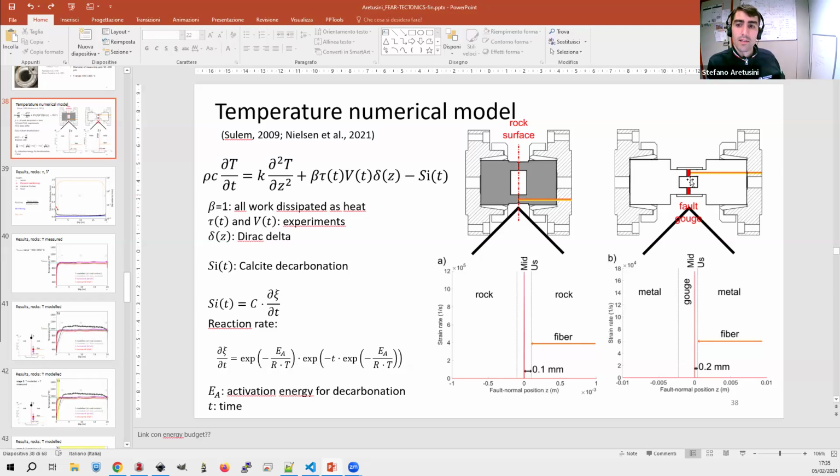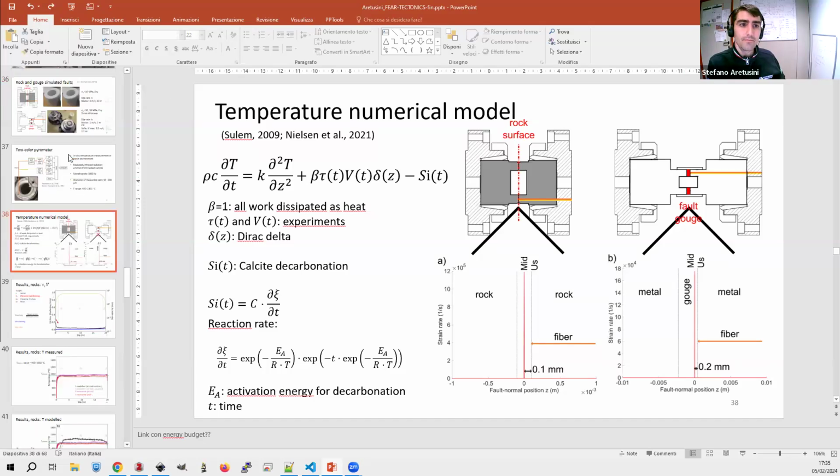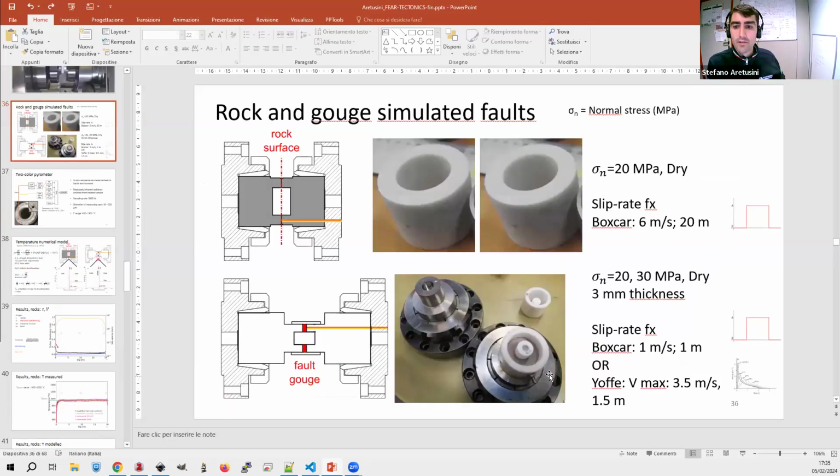For example, we've seen that if we screw the Teflon rings to the rotary side, and the gouge is basically spinning together with the Teflon rings, we can localize on the opposite boundary. So we can localize on the interface between the gouge and the stationary side, very close to the optical fibers on the stationary side.